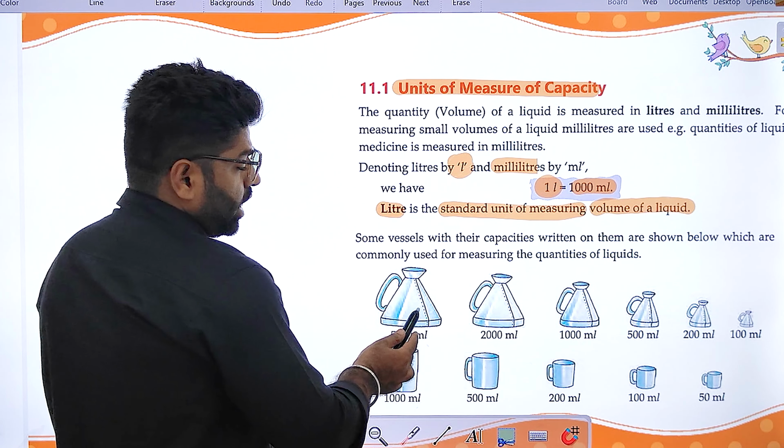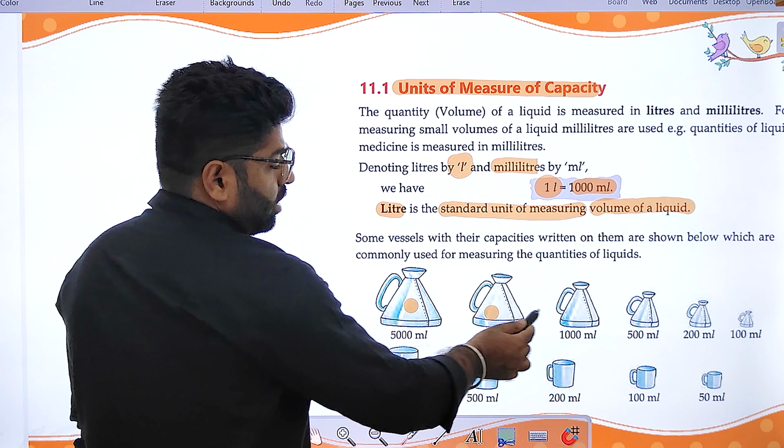Clear? So here we are having, have you seen these kinds of vessels? This is of 5000 milliliter, 2000 milliliter, 1000 milliliter, 500 milliliter, 200 ml or 100 ml. So these kinds of utensils are used in petrol pumps. Maybe you have seen there. They are kept there to measure the petrol.